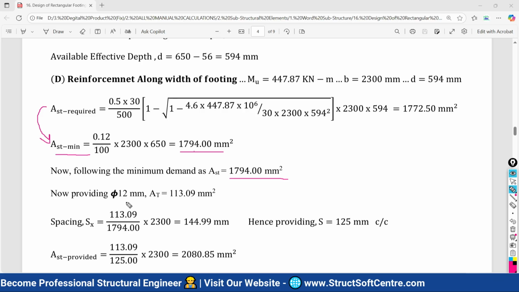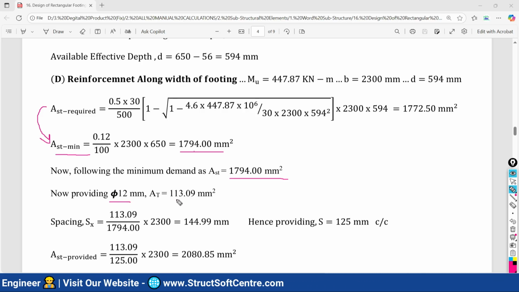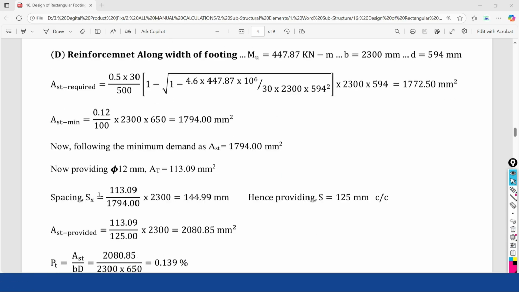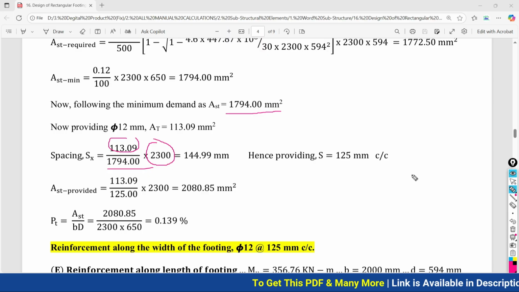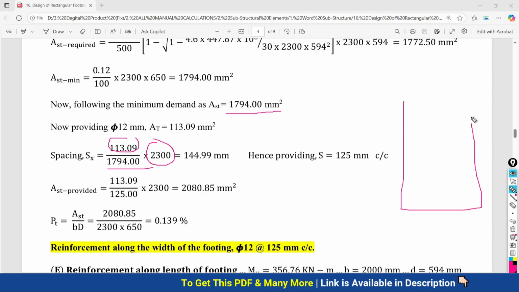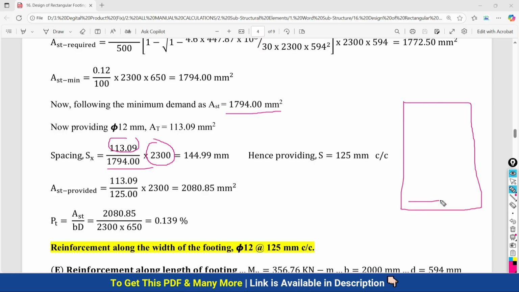Now finally we are going to provide 12 mm diameter bar, which has a unit area of 113.09 mm square. This is the unit area of a 12 mm diameter bar. So I am going to calculate what spacing is required: unit area divided by the total area we have decided to provide, multiplied by the considered length, because this entire calculation we are doing along the width.